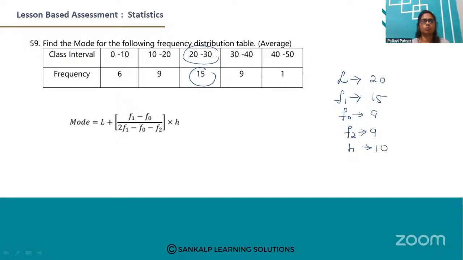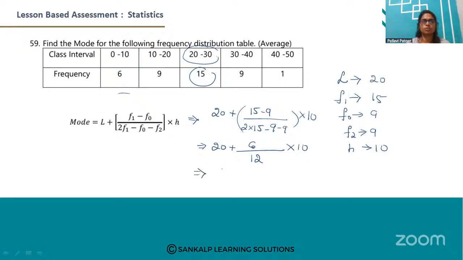Apply the formula. This is equal to L, which is 20, plus (15 minus 9) divided by (2 into 15 minus 9), into H, which is 10. So this is equal to 20 plus 15 minus 9 is 6, divided by 30 minus 18, 12, into 10.